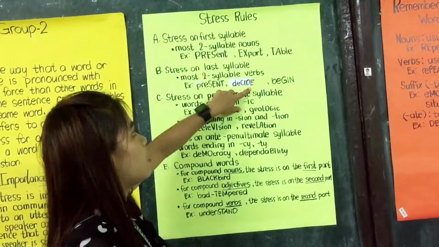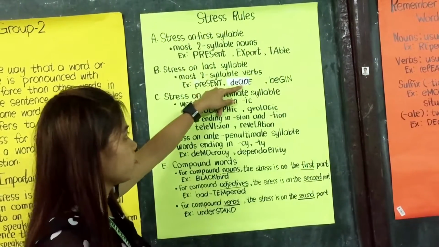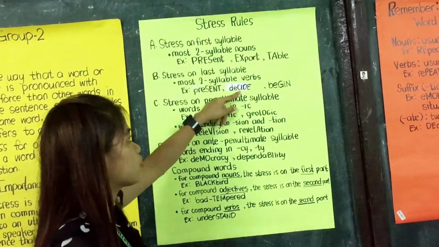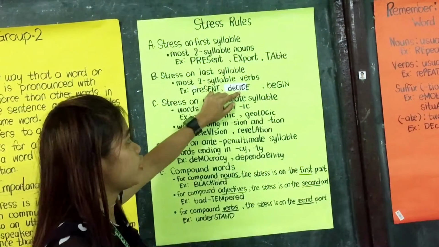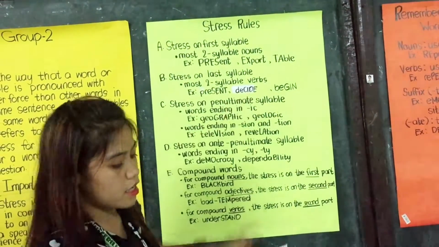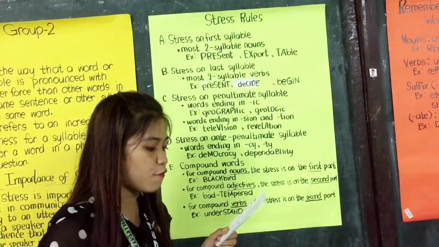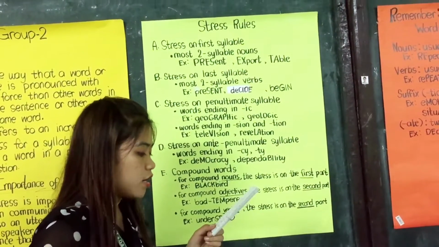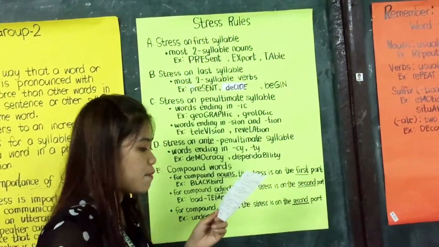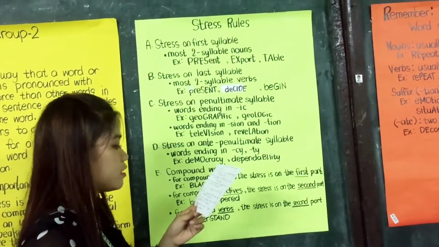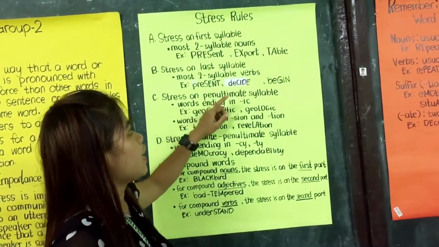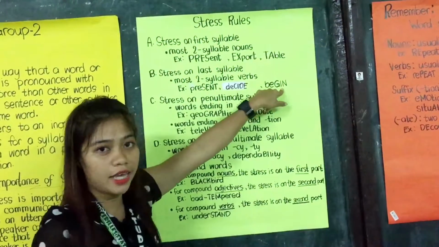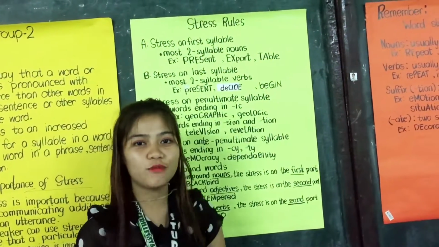The stress is on the second syllable of these words, and the verb here is decide. The third one is: I got a job and I began work on Monday. So the verb here is began. So that's all my report. Thank you.